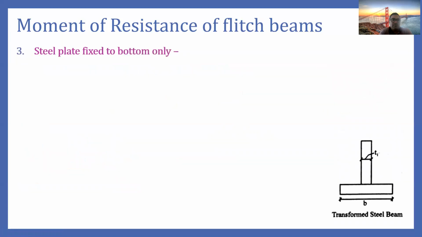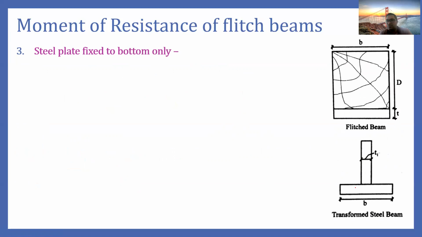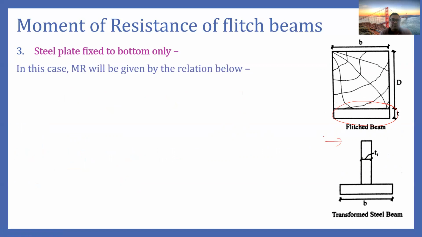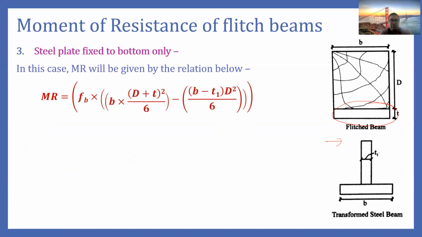Similarly, if we have steel plate fixed on the bottom only, this will also become the case as we have discussed in the previous part. The only difference in the formula will be this one. In the previous formula, we have used D plus 2T because we have plate on the top also. So that is why we were taking T in that case. But here we have only the plate on bottom. So therefore, the case will be same.